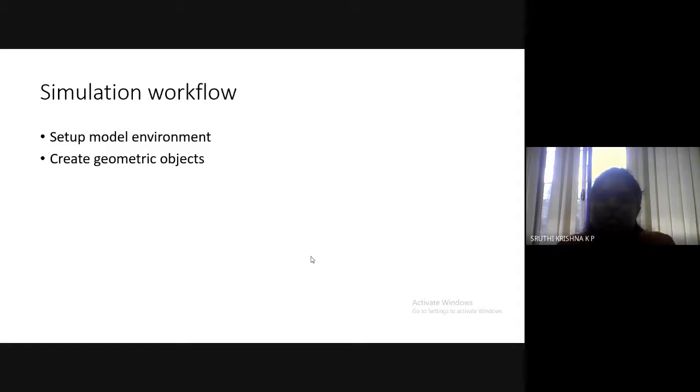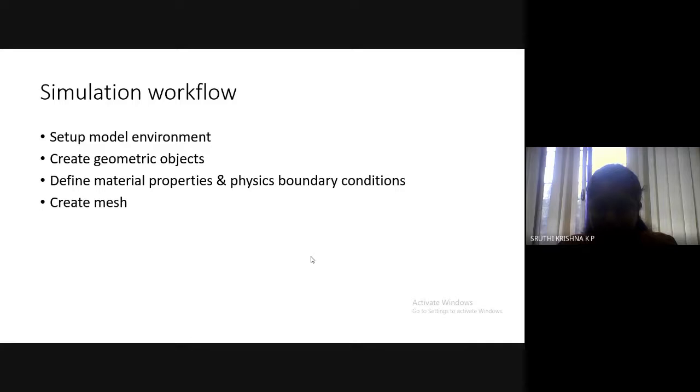Then you need to set the geometric objects like a 3D or 2D structure, and specify the dimensions. Then you have to define the material properties and the physics boundary conditions for your physics. Then you have to create the mesh. Meshing you already know.